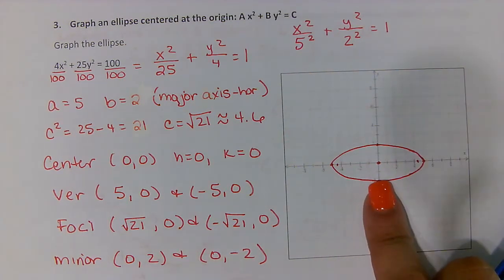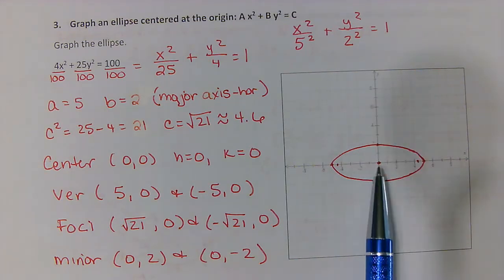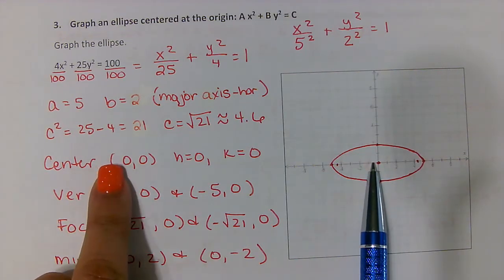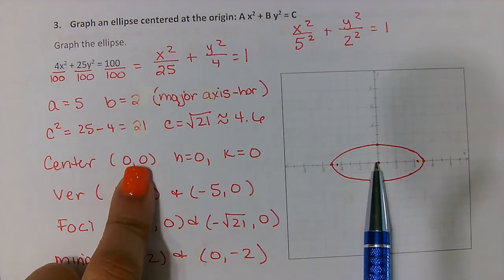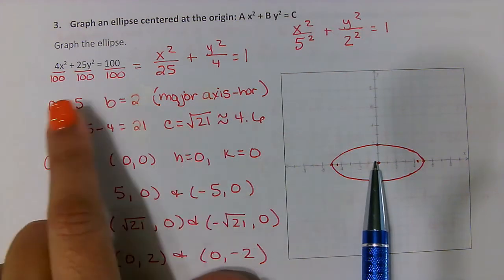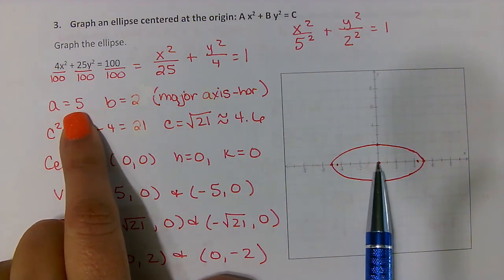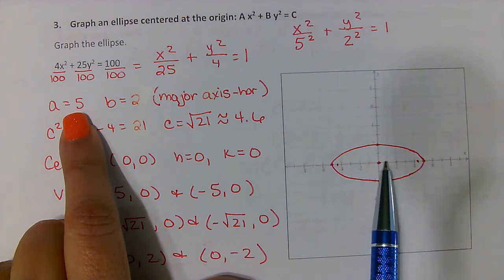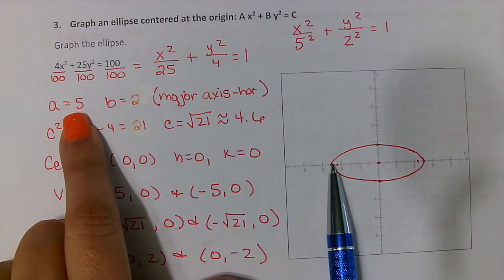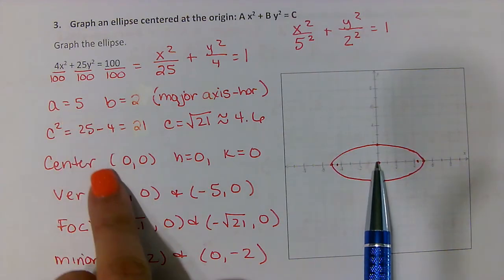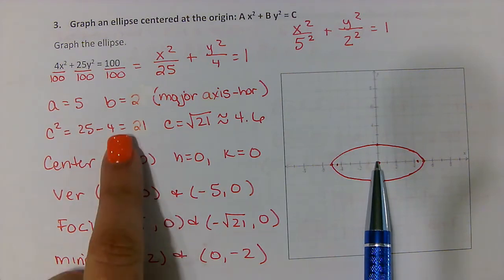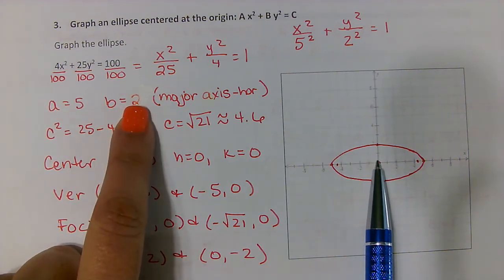So now we're going to go ahead and graph. I start with the center, which is (0, 0). My major axis, which is horizontal, is going to be 5, so I'm going 5 units forward and 5 units back from the center. Our minor axis is going to be our b, so our b means go 2 up from the center and also 2 down from the center.